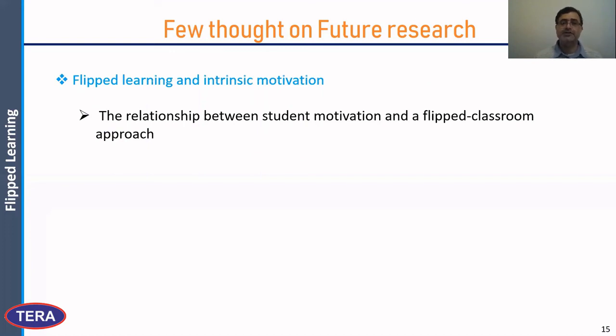So what is the relationship between the students' motivation and the flipped classroom approach, especially in terms of their intrinsic motivation, how flipped is able to improve the intrinsic motivation of the students, or vice versa. So what is the relationship? These kinds of studies are very, very important if we really want to see how flip is going to make a drastic change in the way or in the behavior that your students learn.